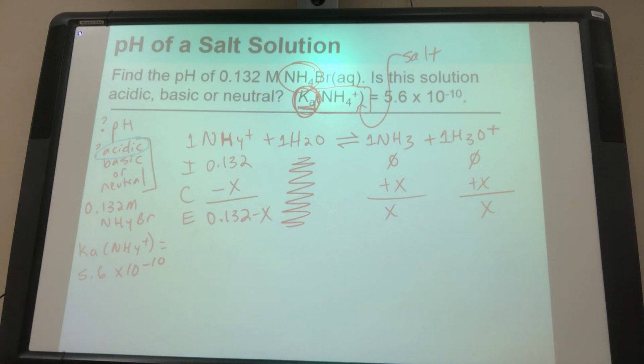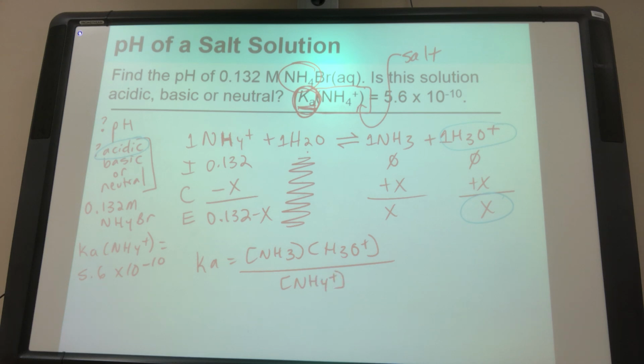All right, so if I'm trying to figure out the pH, pH is negative log of H3O+. So here's my H3O+. I know if I'm trying to find H3O+, H3O+ is X, so I need X. So there's got to be something else they gave me that's going to help me find my X, and that's my Ka. So now we need to write out the Ka. So Ka is equal to NH3 times H3O+, all over NH4+.